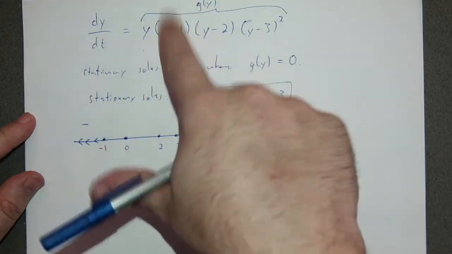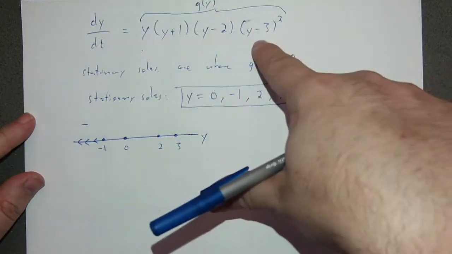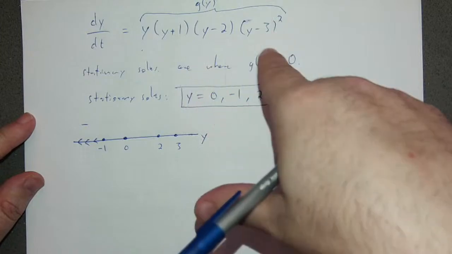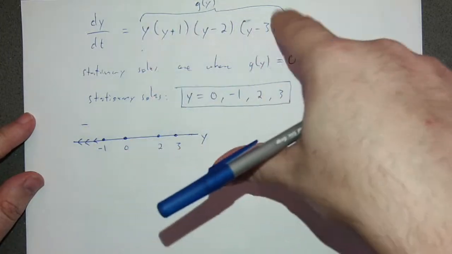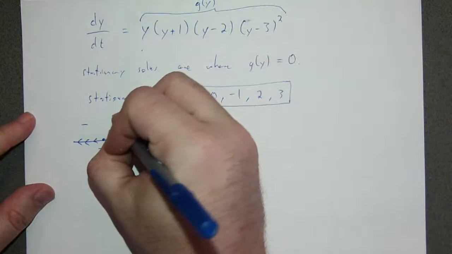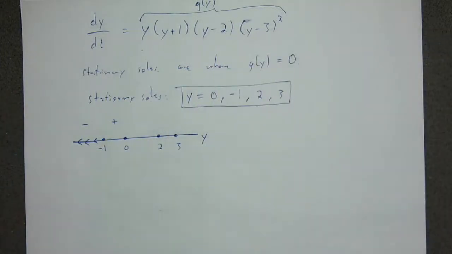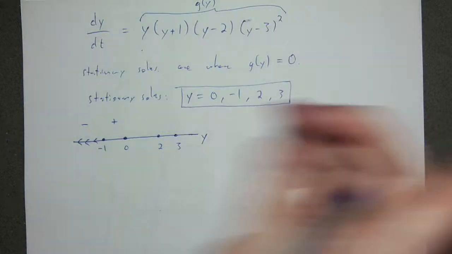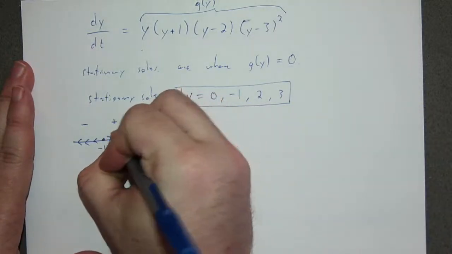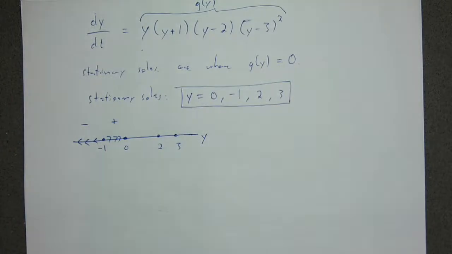So negative times positive times negative times positive. This is always positive, right? So this is positive. I put a plus there, and I draw arrows moving to the right. Okay. So I repeat this process for every single piece. The more pieces, the more times I have to do it.